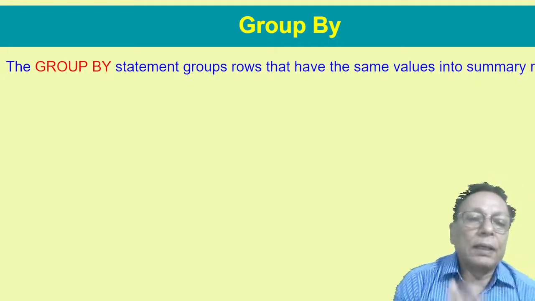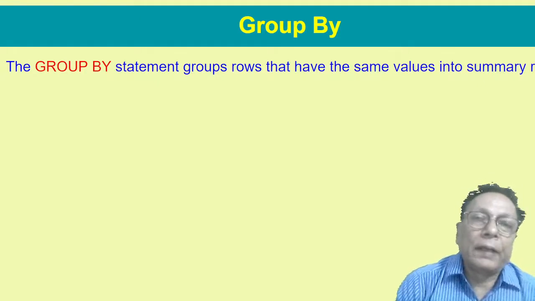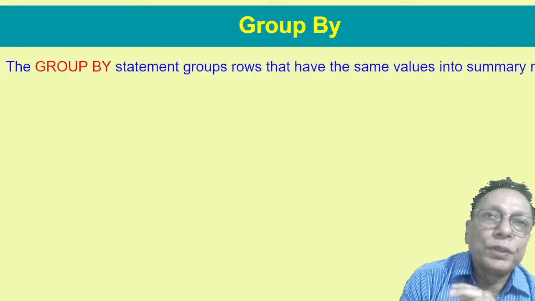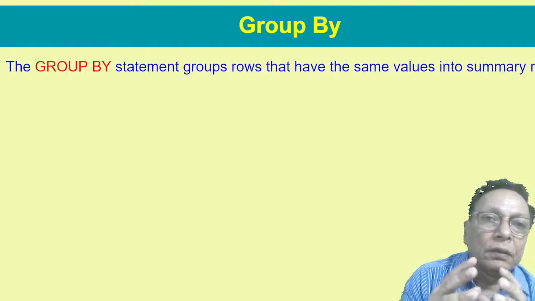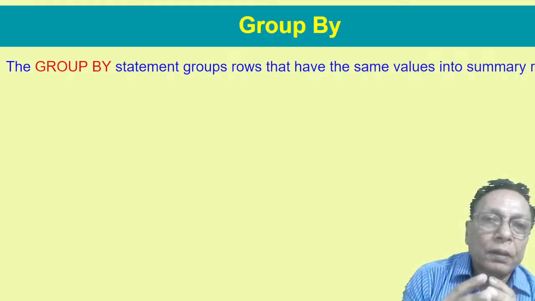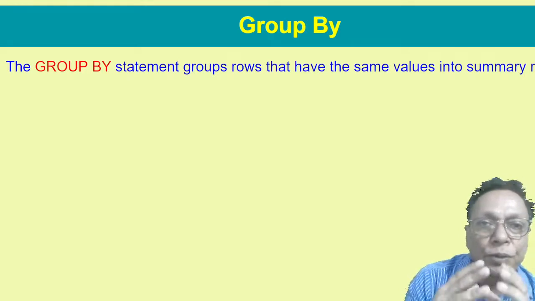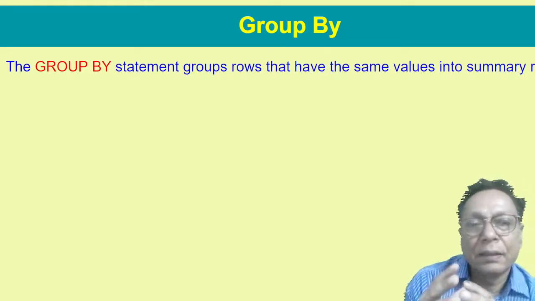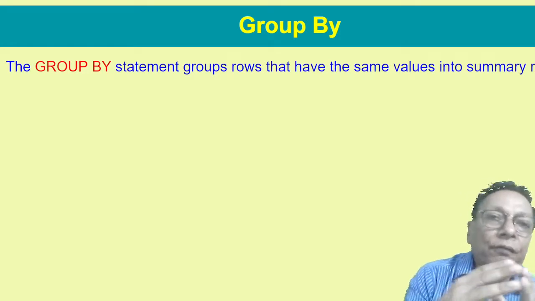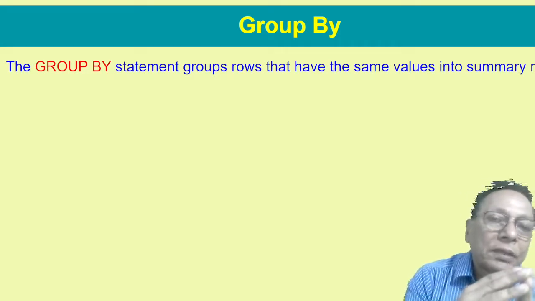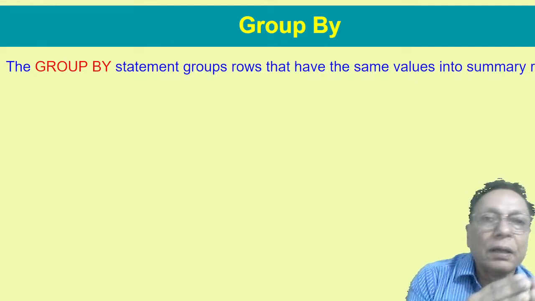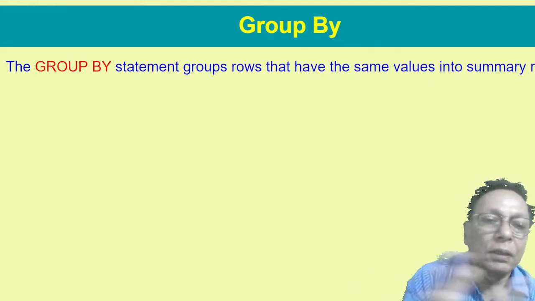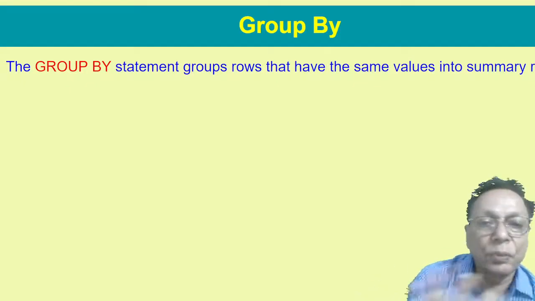Suppose we have a database or a table in which we have the students of a school. If I want to find or count the strength of every class, it means class 1 has so many students, class 2 has so many students, class 3 has so many students.